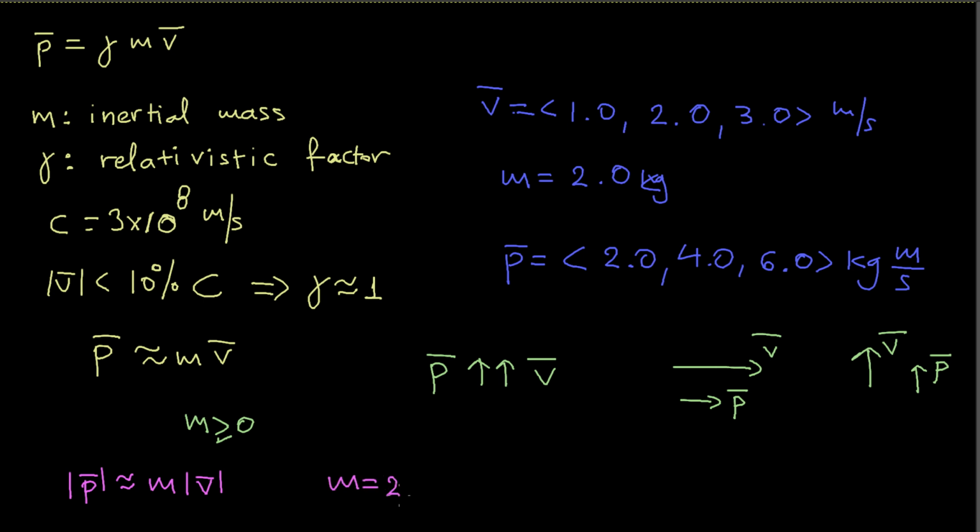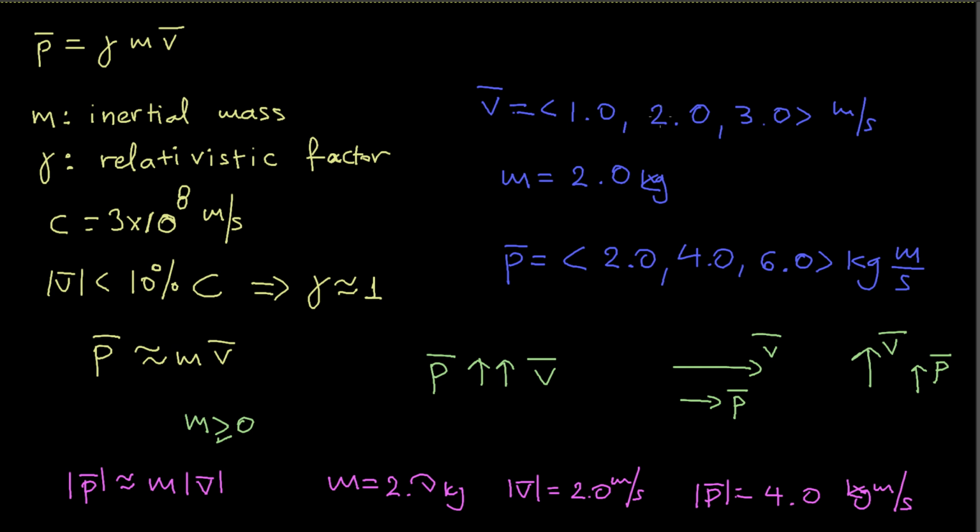So if the mass is 2 kilograms and the speed is 2 meters per second, then the magnitude of momentum is 2 times 2, 4 kilograms meters per second.